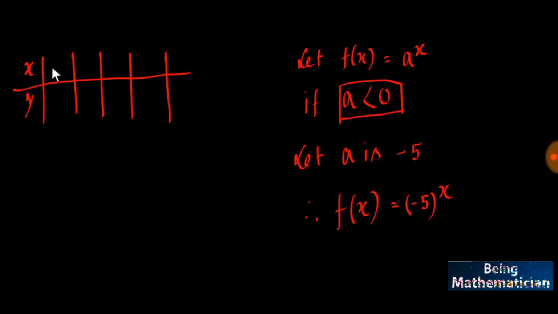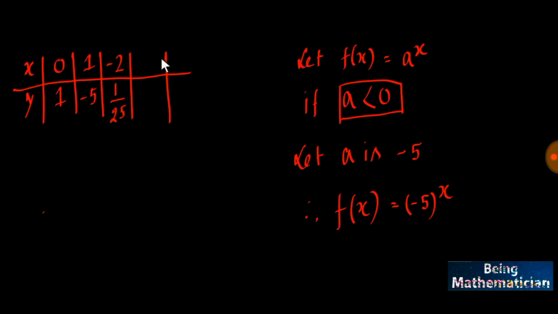Now let x is 0, then y is (-5) to the power 0, that will be 1. When x is 1, then (-5) to the power 1 is -5. When x is -2, then y will be (-5) to the power -2, and that must be 1 by 25.